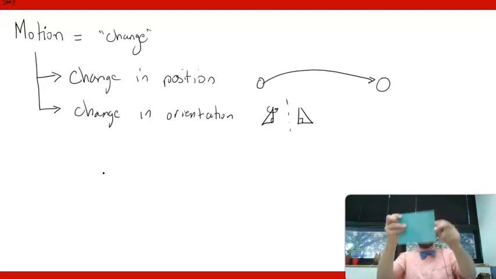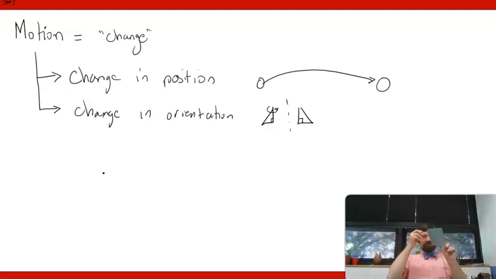Now that change in orientation could be combined with a change in position. For example, I could rotate this thing around like this so that I have started off here in this orientation and I've ended up over here in this orientation. This drawing that I have of the two triangles, if you think of it as a rotation about this axis, is in fact a combination of those two things.